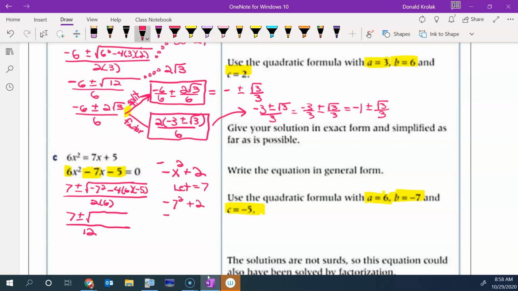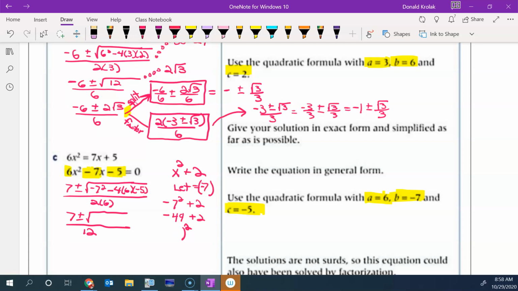So this would be -49 plus 2. Now, if it was a problem that looked like this, let's say you were simplifying, and x was -7, then when you take out that x, you're putting in -7 and squaring it.